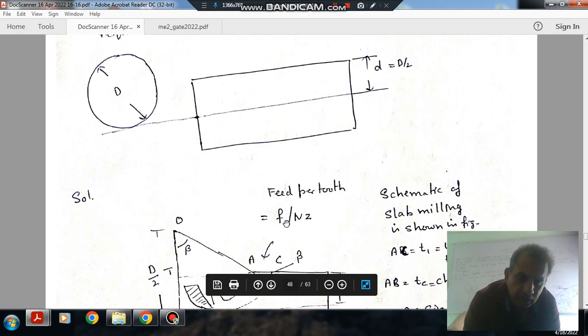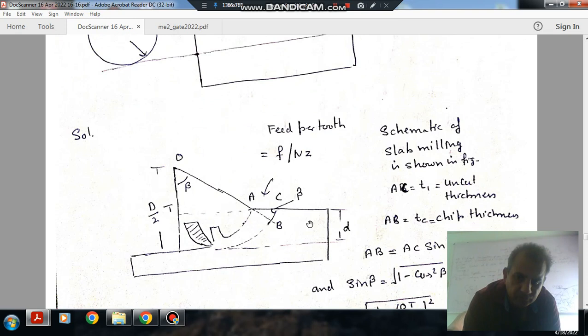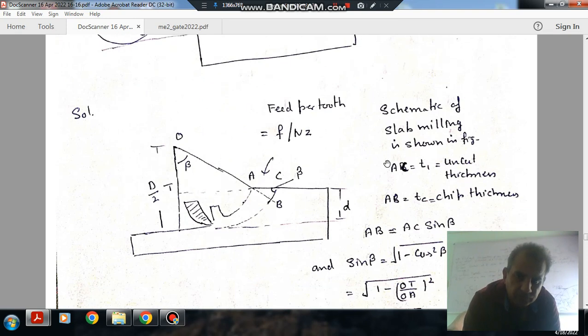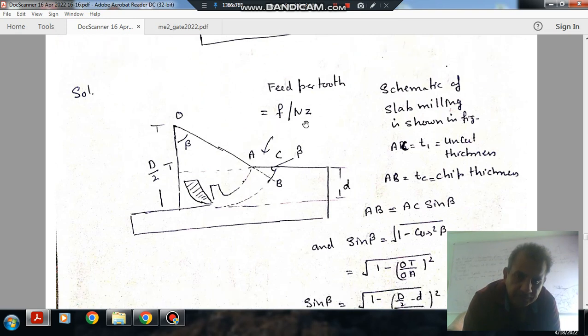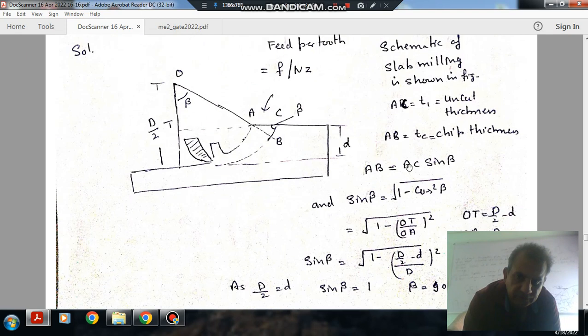So ft is F by N·Z, where N is RPM and Z is the number of teeth. So this is the feed per tooth, which means your t1, the uncut thickness, is this quantity.